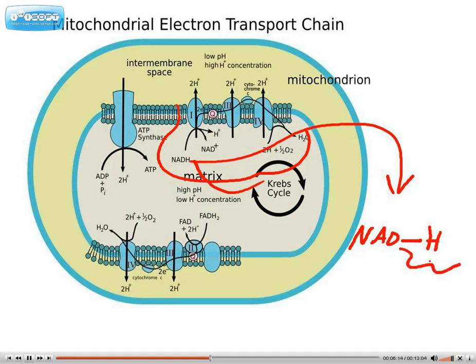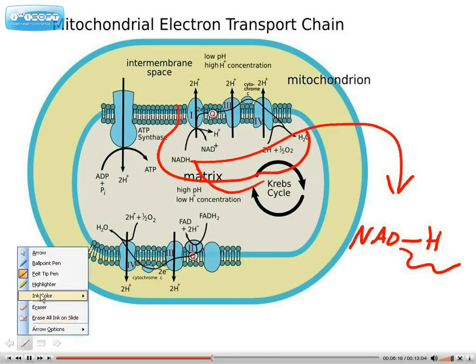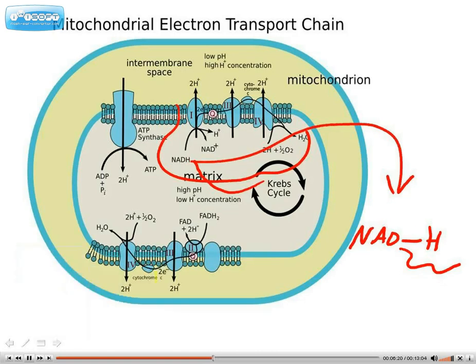When it's exposed to the electron transport chain, it's going to give off its covalent bond and hydrogen. The covalent bond is basically made up of electrons, so it's going to turn on what we call metalloproteins within the electron transport chain.